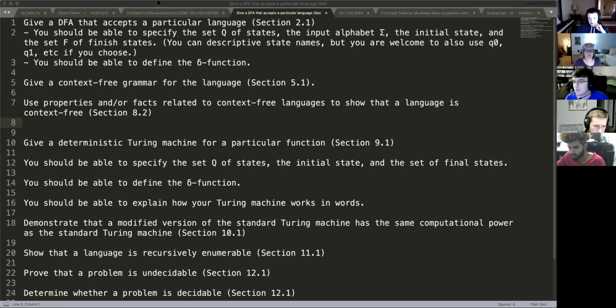So CF closed under union, concatenation, and star closure, right? Yep. That's it.